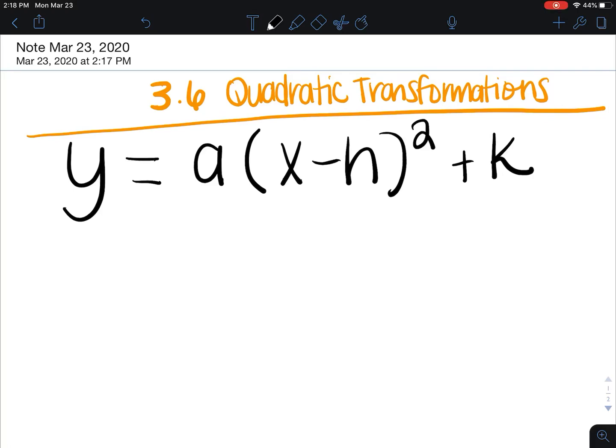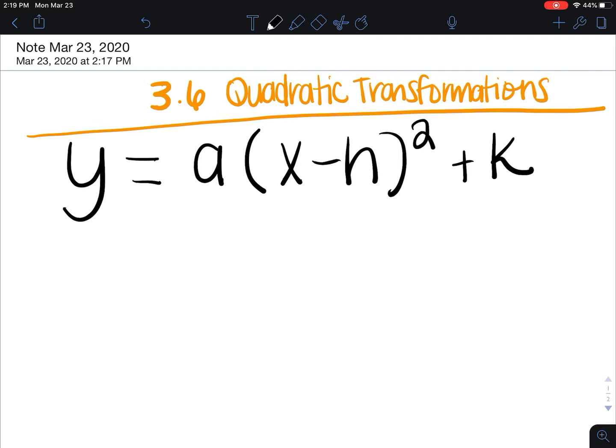Okay, this is just going to make sure that you got everything you needed to get out of the transformations investigation on Desmos. So I'm just going to go over what each transformation is and how it looks in the equation, just to make sure that you got everything that you should have gotten with Desmos.